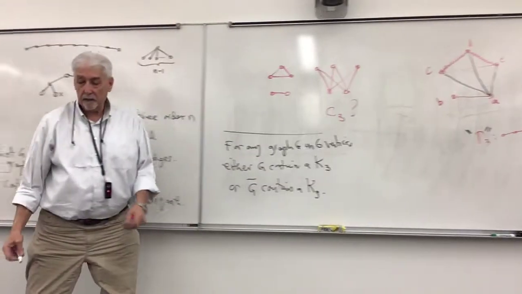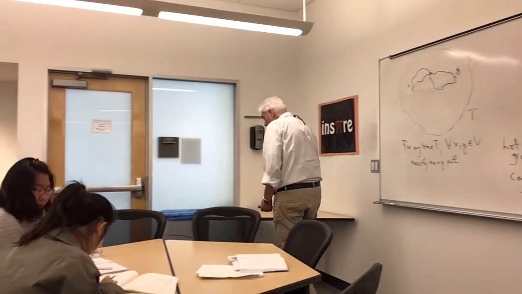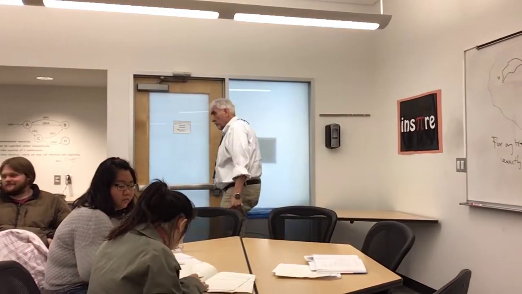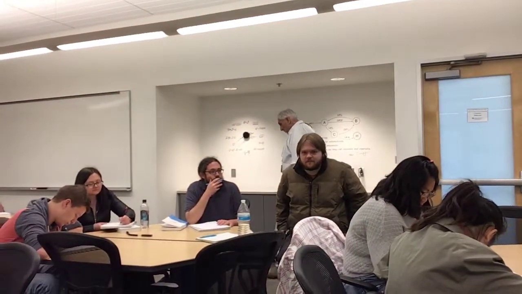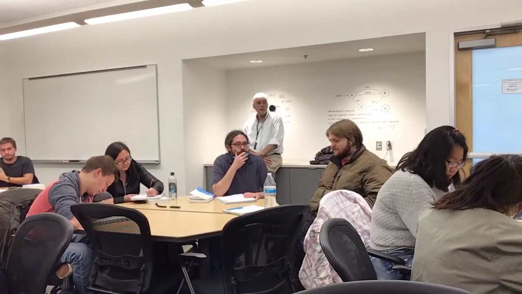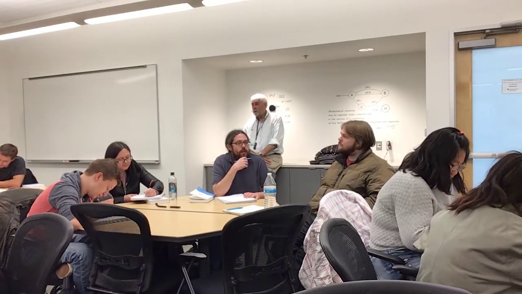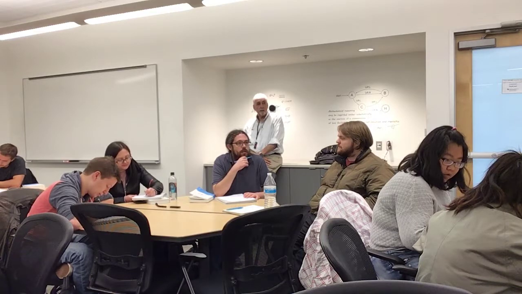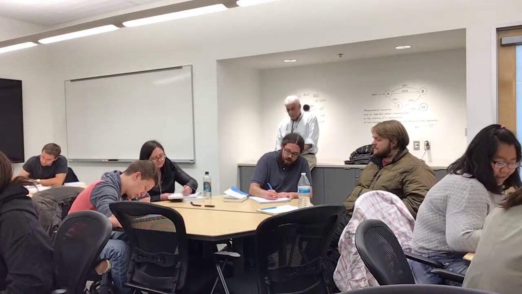Okay, take a minute and see if you can prove that. For any graph G on 6 vertices, either G contains a K3 or G complement contains a K3.